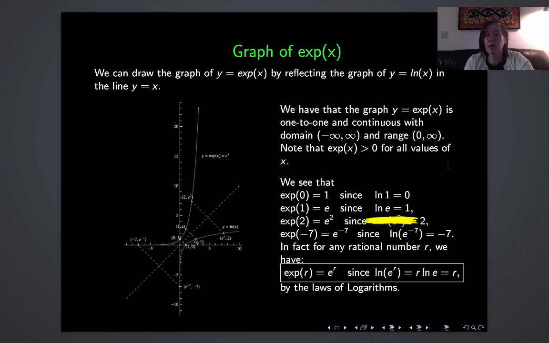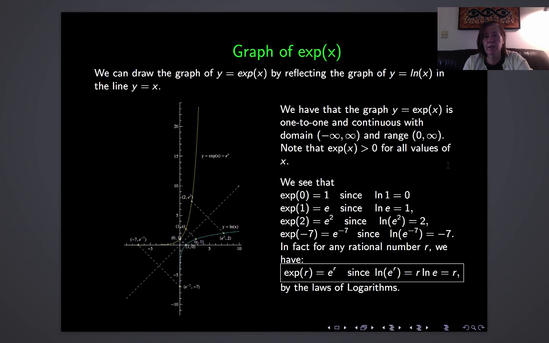And since the natural log of e is 1, the exponential of 1 must be e. And of course, since the natural log of e squared is 2, that's 2 times the natural log of e, we get that the exponential of 2 is e squared. And since the natural log of e to the minus 7 is minus 7, we get the exponential of minus 7 is e to the minus 7.